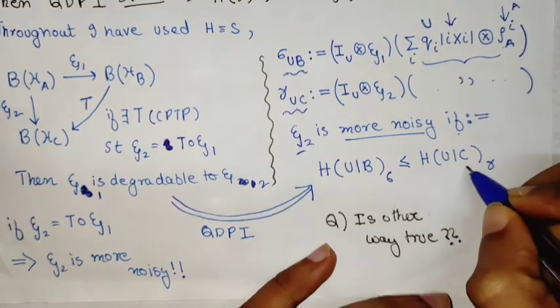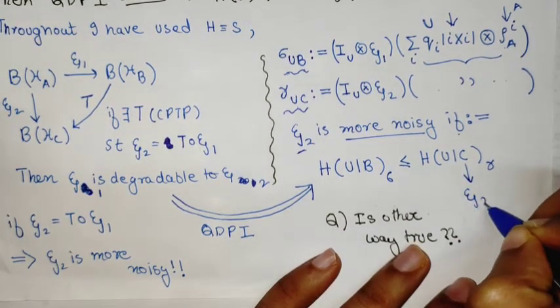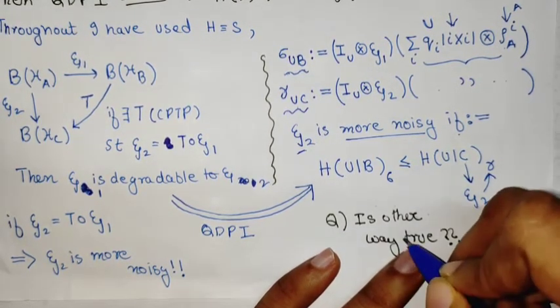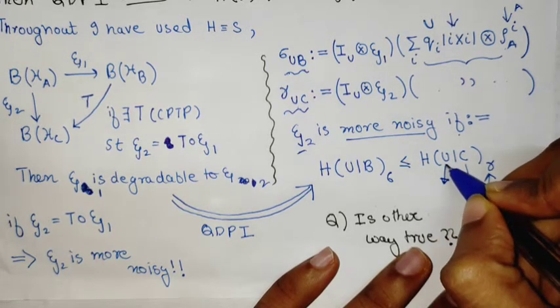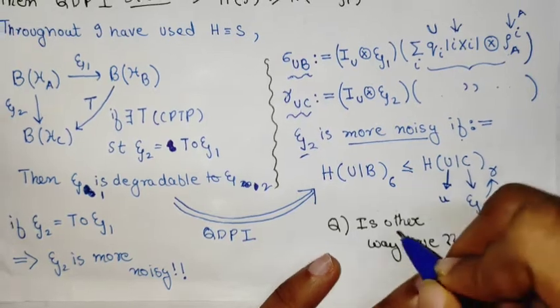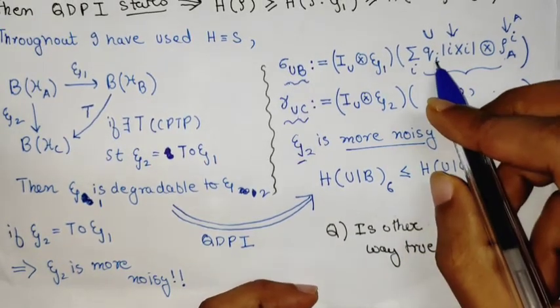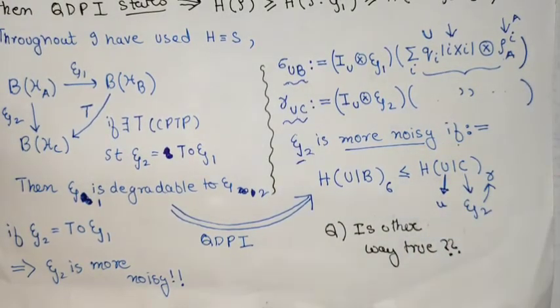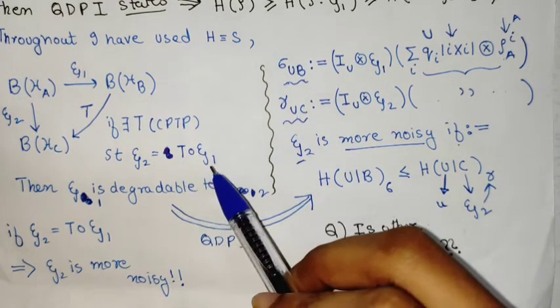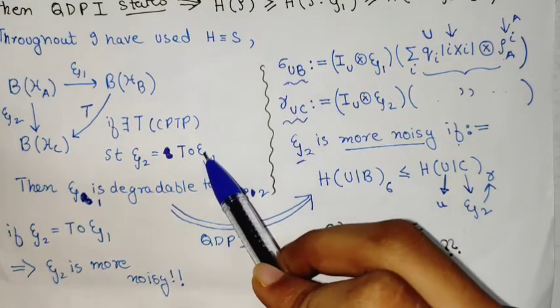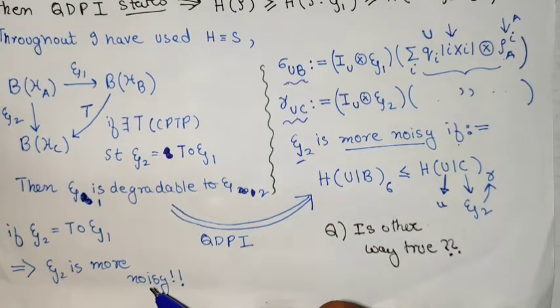After processing by epsilon 2, I get the state gamma, and I am now more uncertain about my classical distribution U that is governed by this Q_i. And if you can degrade your maps, that is, if epsilon 1 can be degraded to epsilon 2, then epsilon 2 is automatically noisier.